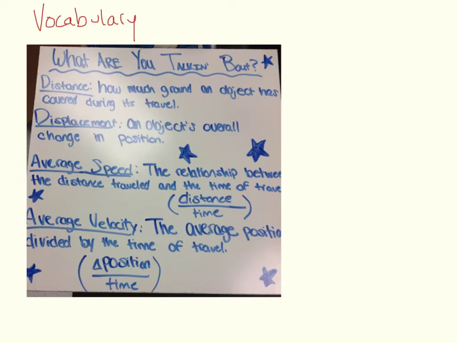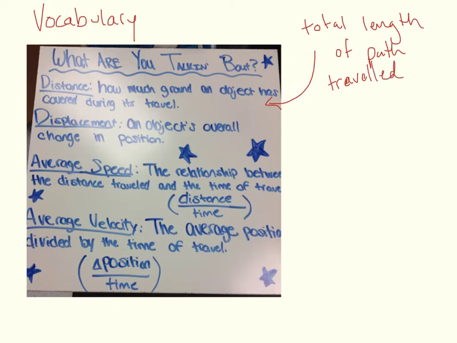The definition I use for distance is the total length of path traveled, which is very, very similar. The other thing I want you guys to know is the standard units for distance, okay? And the standard unit for distance or displacement is the meter.